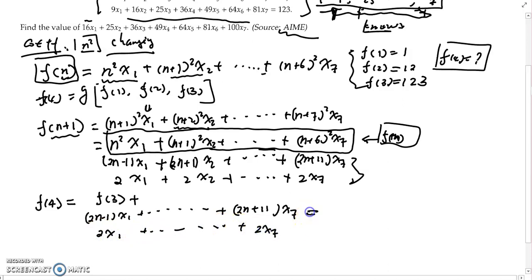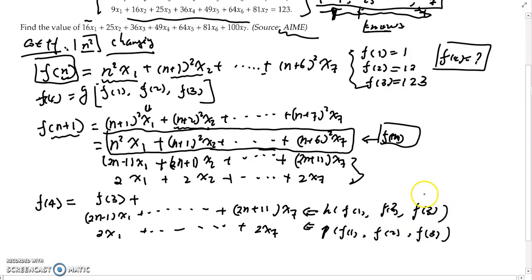As long as we solve all this, and we see this one is a function of f1, f2 and f3, and this one is another function of f1, f2 and f3, then we solve the problem.